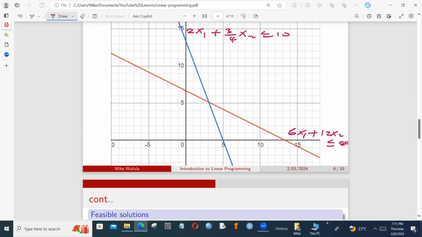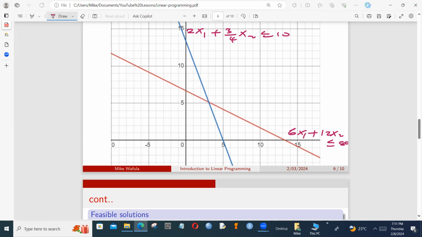And so, of course, we have treated them as equations of straight lines so that we get the lines. But you see now, for each line to be converted into an inequality, we need to shade one side. For example, if we consider the red line of 6x1 plus 12x2 equals 80, we pick a point either above or below the line.